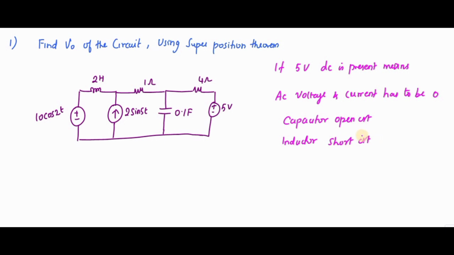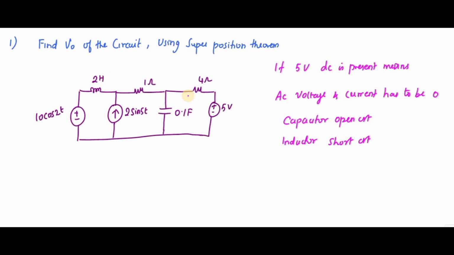So I'm going to redraw the circuit. This is 1 ohm, a 4 ohm, and this is 5 volts. Here we need to find the voltage across this, V0.